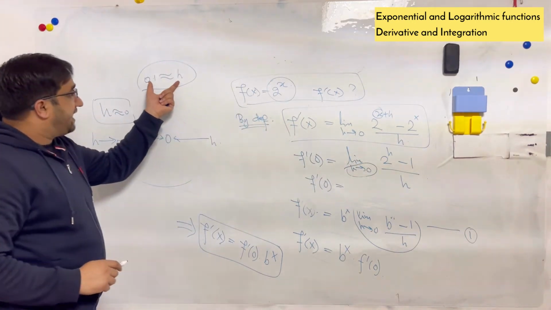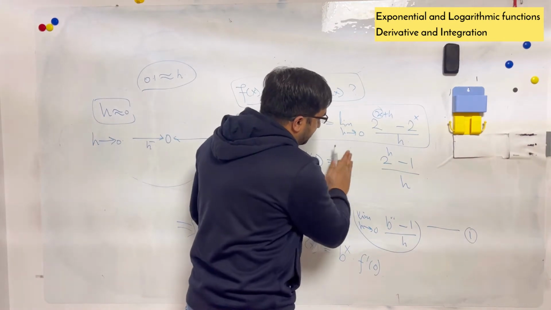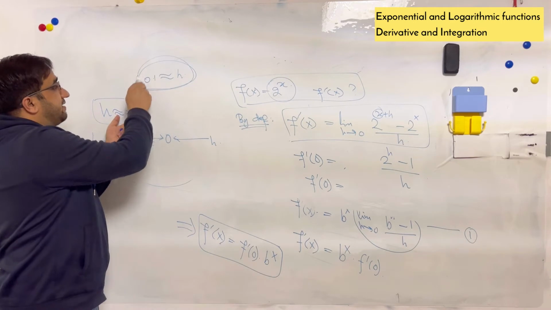You put a number very close to 0 into this and calculate the values. Now you have applied the limit already. The limit you have replaced with this number.